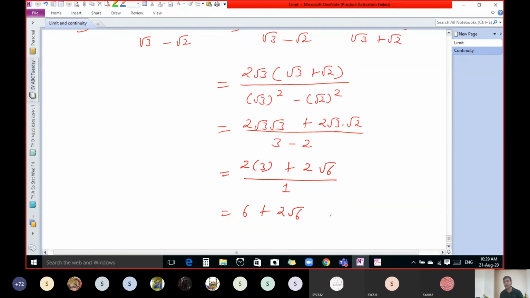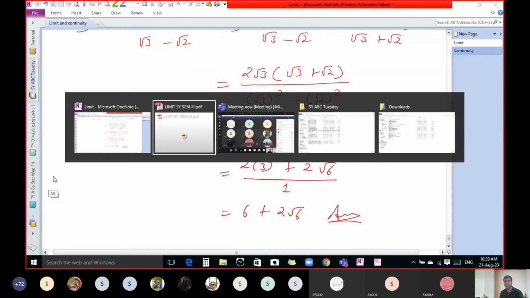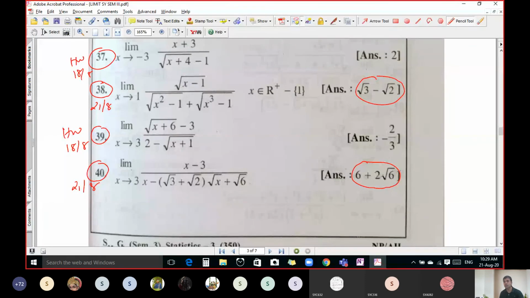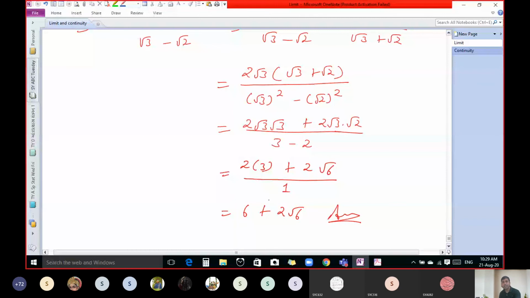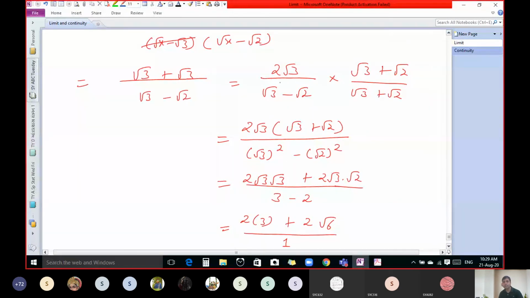So this is our answer and that is given in the book. 6 plus 2 root 6. But in fact, if we keep up to this in exam, you will get full marks because either you can write 1 upon 2 or 0.5. It's same thing.